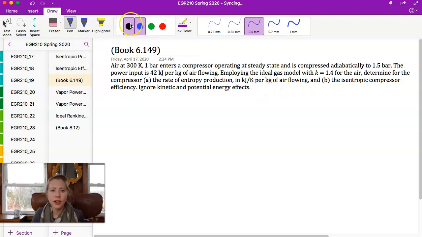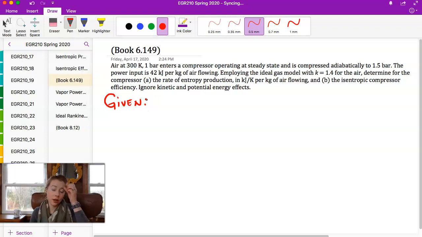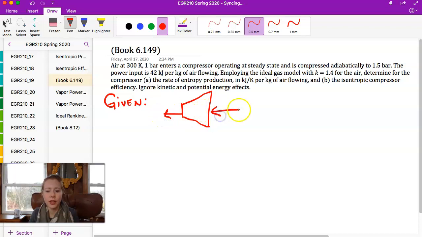So let's write down our givens, and we'll draw out a sketch of the situation. We're dealing with a compressor, and we're dealing with air, and we have an adiabatic model that we're applying.